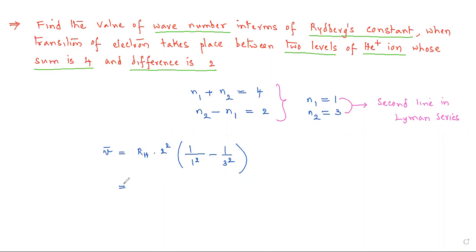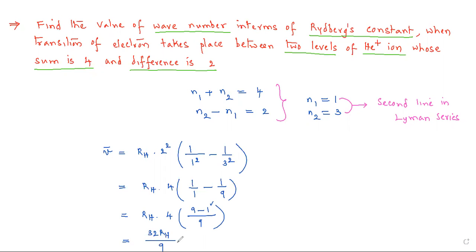So this can be written as RH into 4 into 1 by 1 minus 1 by 9. RH into 4 into, LCM is 9, so 9 minus 1, nothing but 8 by 9. So 8 into 4 is 32. 32 RH by 9 is your answer.